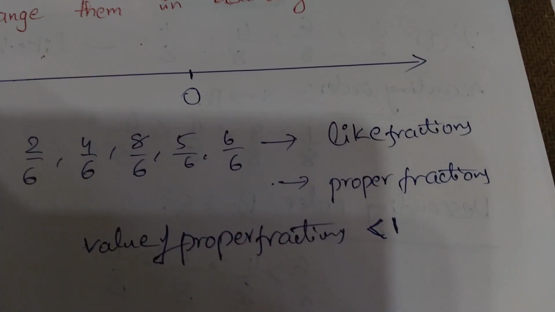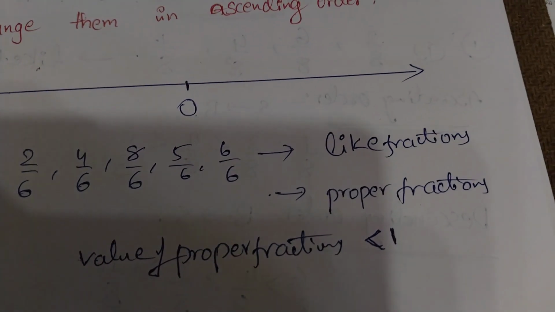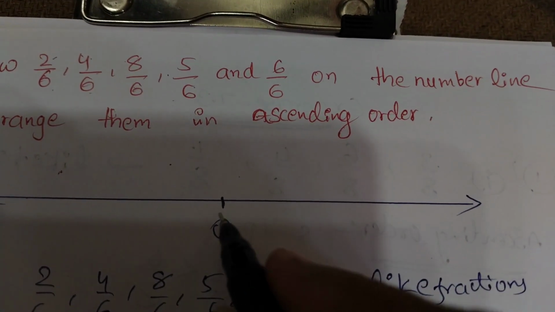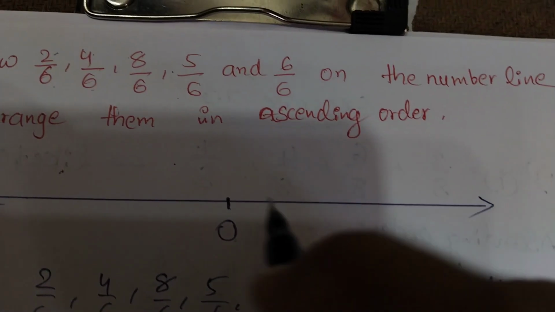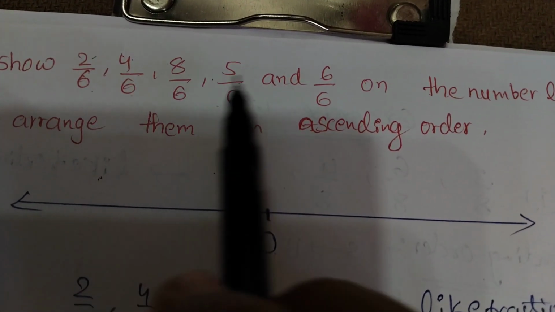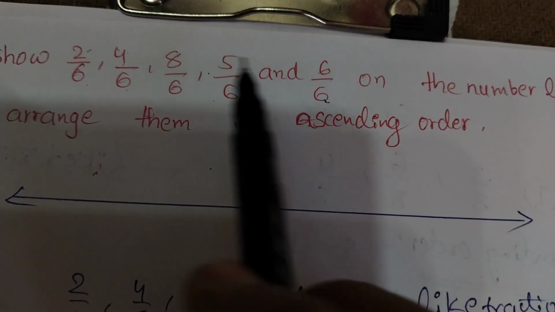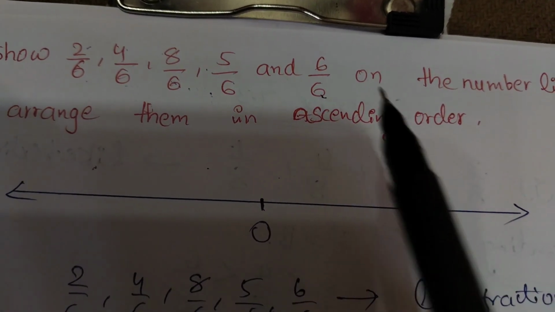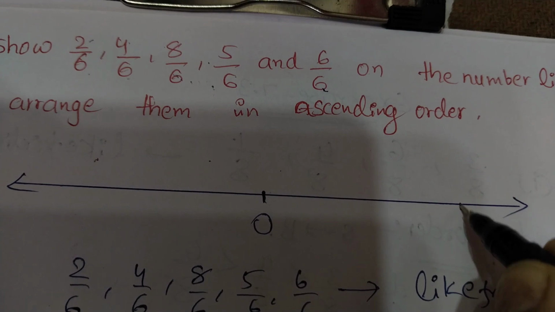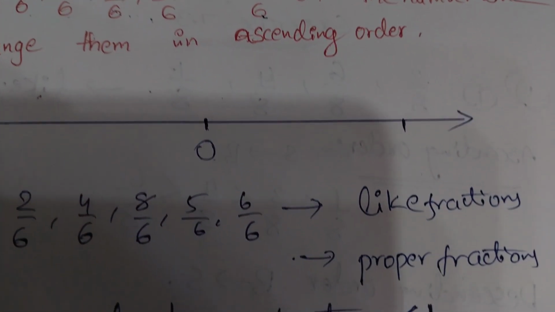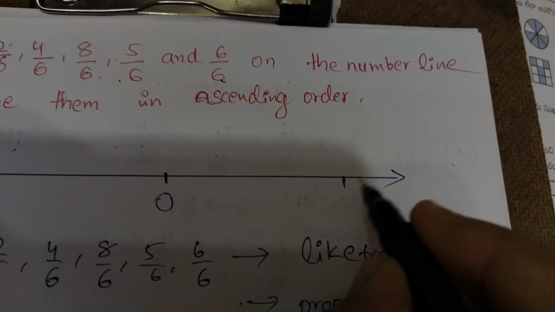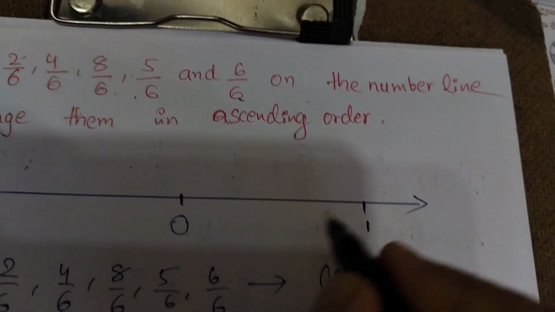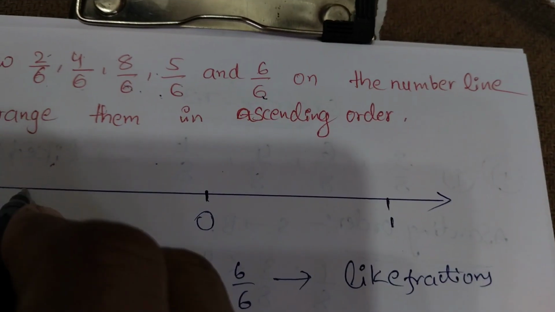So if we want to show all these fractions on the number line, the value of these fractions lies in between 0 to 1. Why? Because the value of proper fractions is less than 1. So these fractions lie in between 0 to 1.